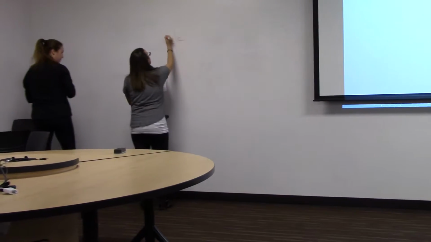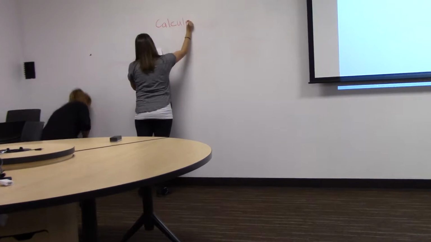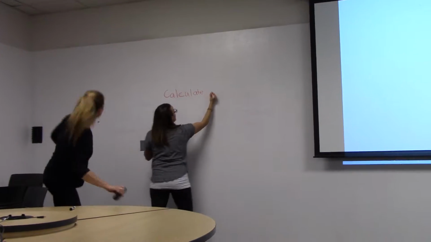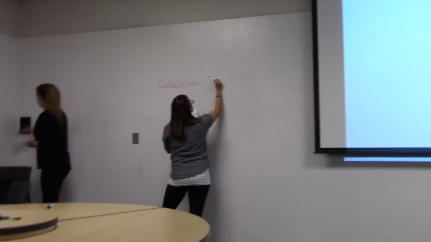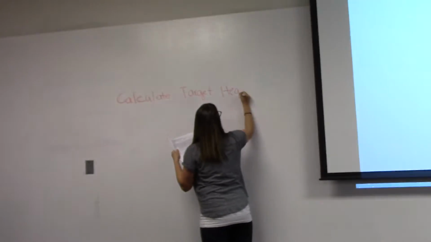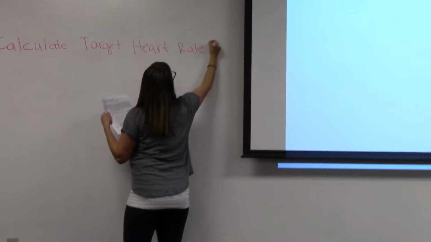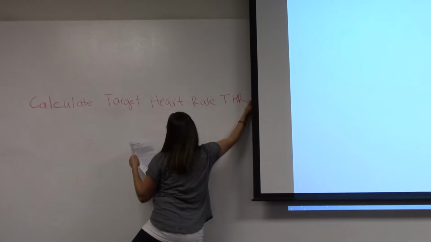You're doing good. Okay. First learning target: we're going to learn how to calculate our target heart rate. For short, that's going to be THR.